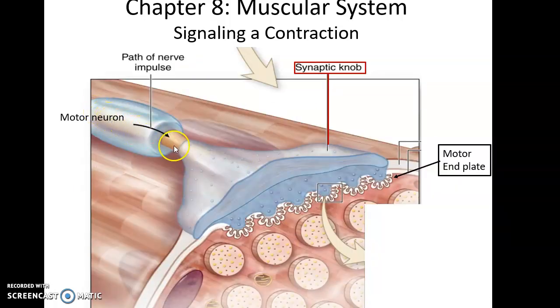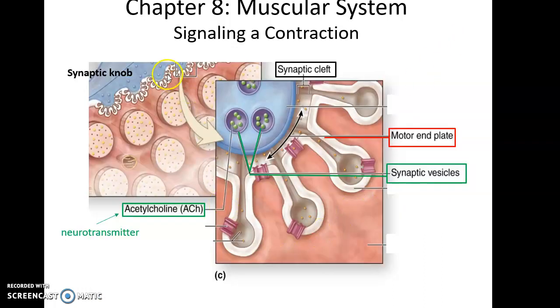All right, so the signal arrives, and here is the synaptic knob. Here is the sarcolemma. The portion of the sarcolemma that is next to the synaptic knob is known as the motor end plate. So the synaptic knob of the axon of the motor neuron lies adjacent to the motor end plate of the skeletal muscle cell. When we look really close, we see that within the synaptic knob are vesicles called synaptic vesicles, and they are filled with a neurotransmitter called acetylcholine.